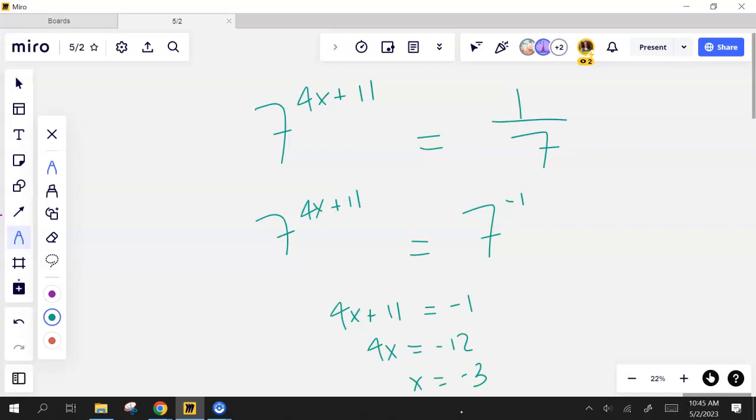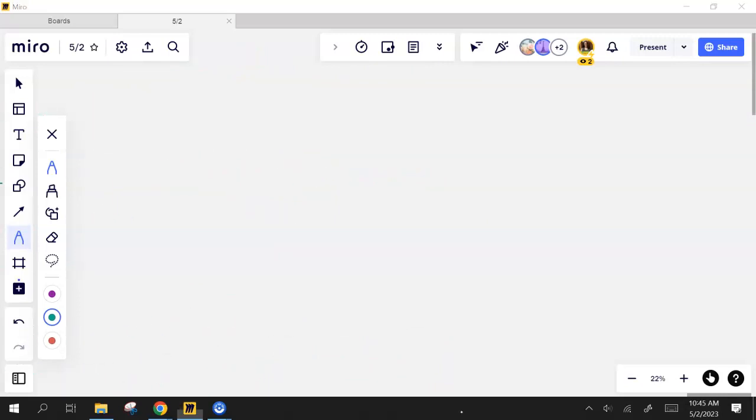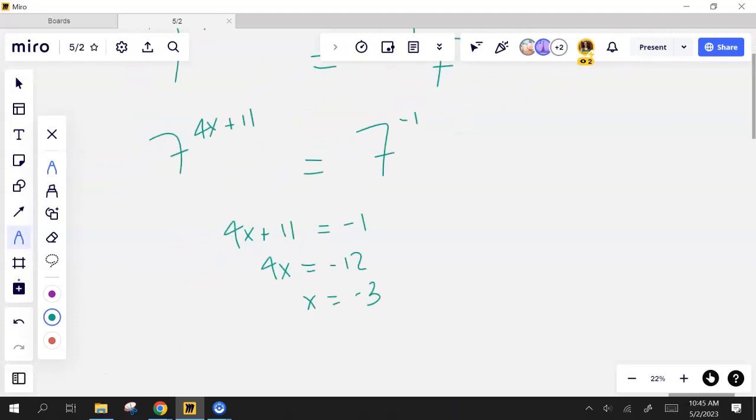Okay. This isn't the hardest one yet, but it's getting there. No, not whenever you're rewriting, because you're not really doing anything to it. You're just writing it a different way. -3.